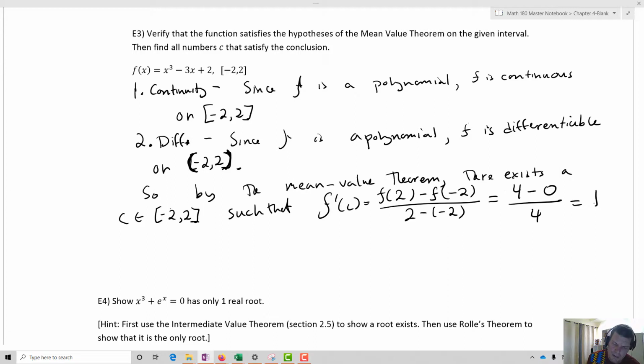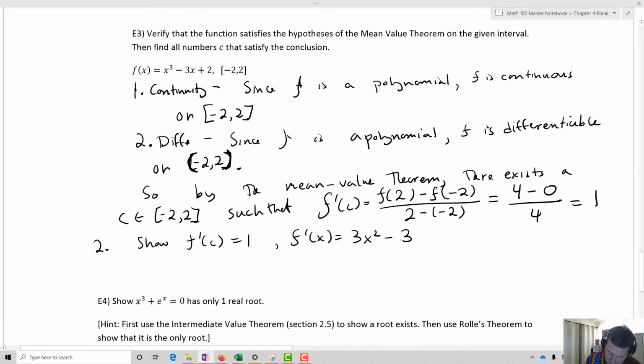So now all I've got to do is show that the derivative, so here's step 2. Part 2 is we want to find an f prime of c equal to 1. So f prime of x is going to equal 3x squared minus 3. So we set that equal to 1. 3x squared minus 3 equals 1. And so that means that 3x squared is going to end up equaling 4.